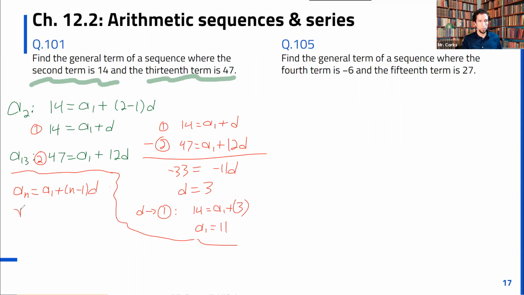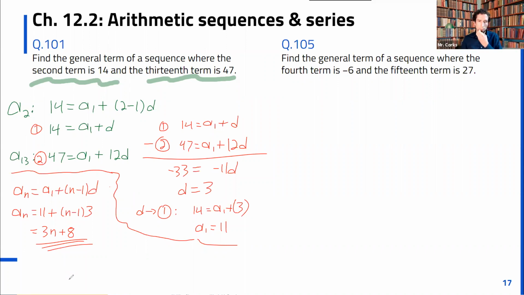Substitute in these numbers, An is equal to 11 plus n minus 1 times 3. So just skip some stuff here. 11 minus 3, that's 8, and 3n, so 3n plus 8 is our general term.